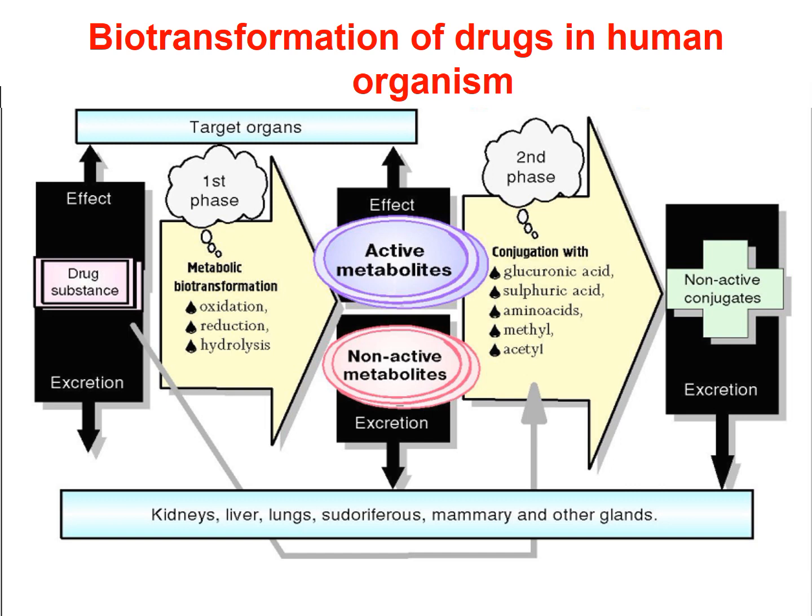The third pharmacokinetic process which we will cover is biotransformation or metabolism of the drugs in our body. So the main reason for metabolism in our body is the inactivation of the active drugs that produce some kind of pharmacological effect, into metabolites which are pharmacologically non-active.